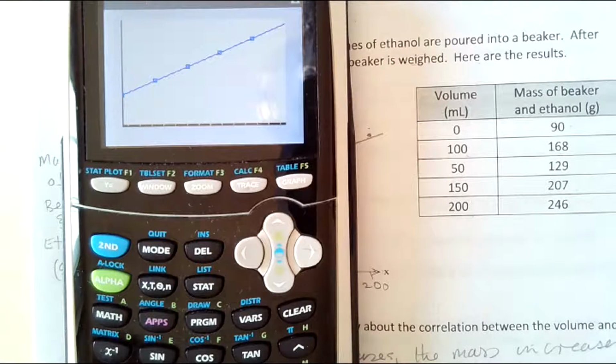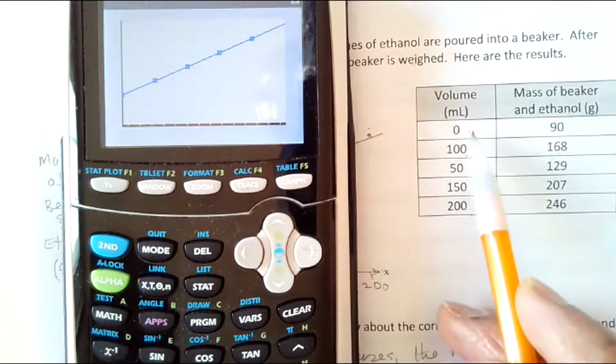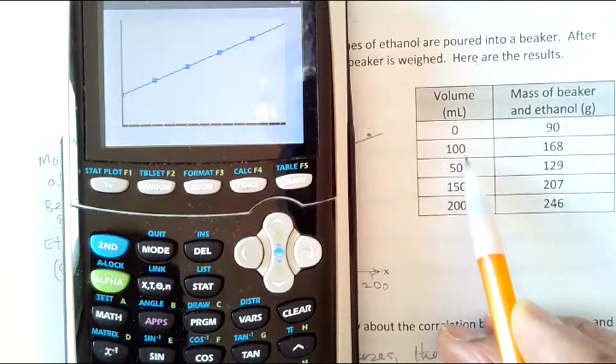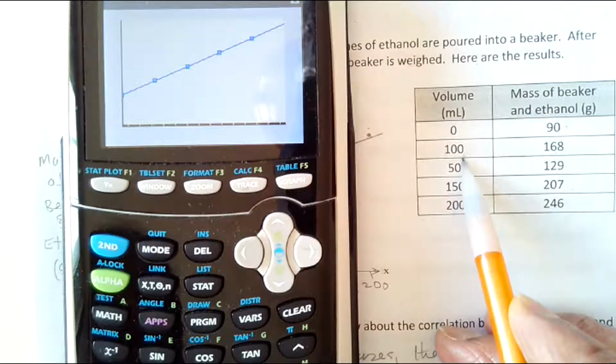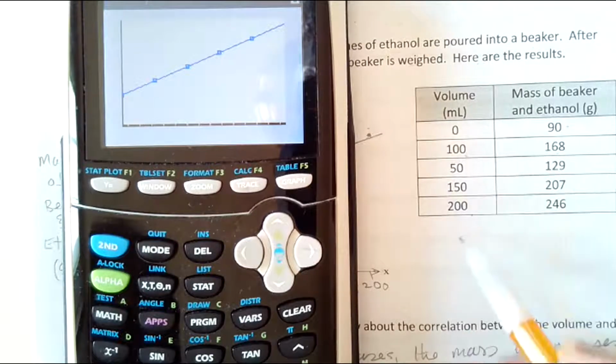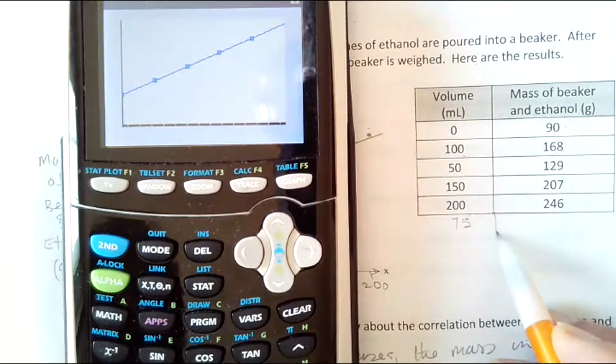Now, let's look at some interpolation and let's go back to a little bit of data here. Let's say you were asked what will be the mass of the beaker with ethanol if the volume was 75. There's no volume here of 75, but let's say it's 75.